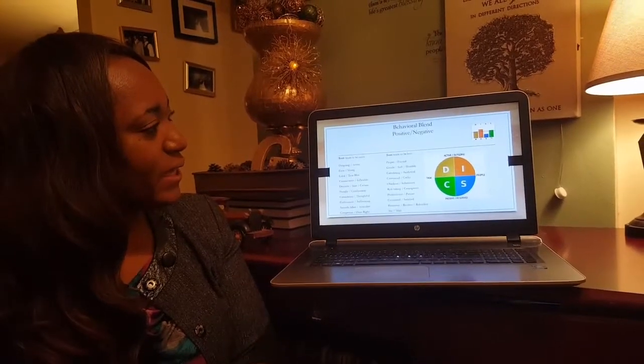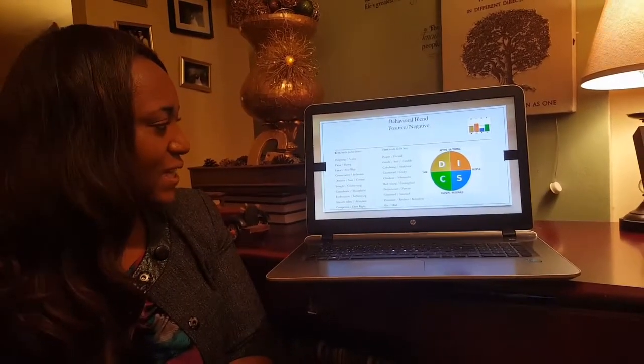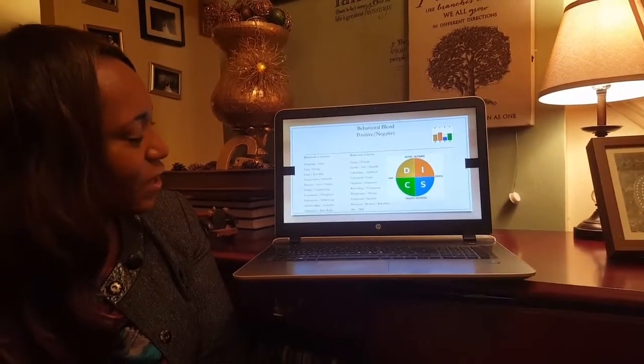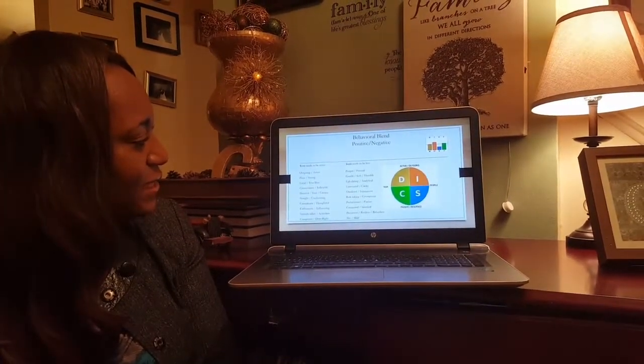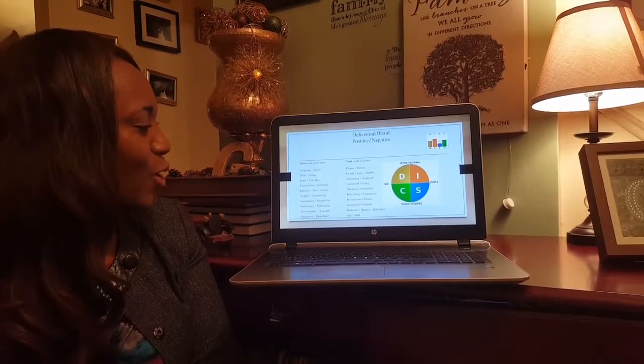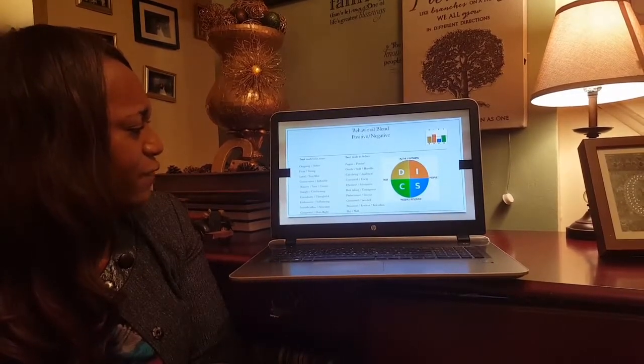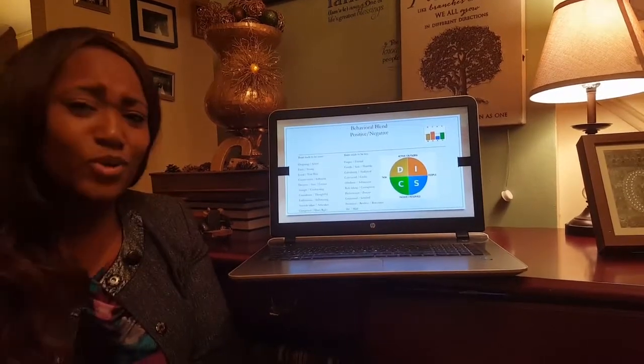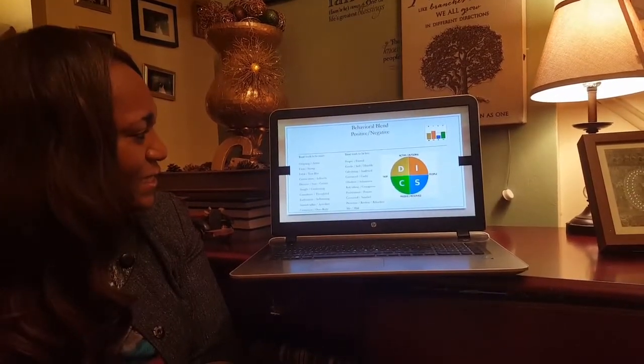So the behavioral blend, some of the positives and negatives as how it described me. It described me, on the positive side, as being outgoing, strong, firm, conservative, enthusiastic, a smooth talker, competent.